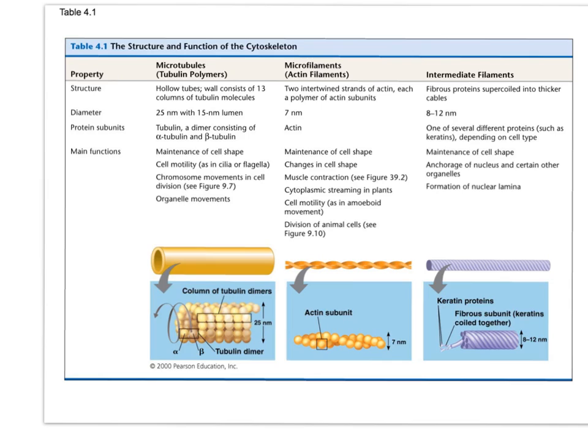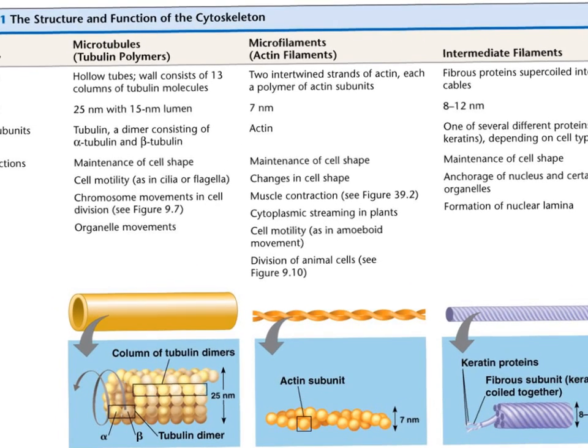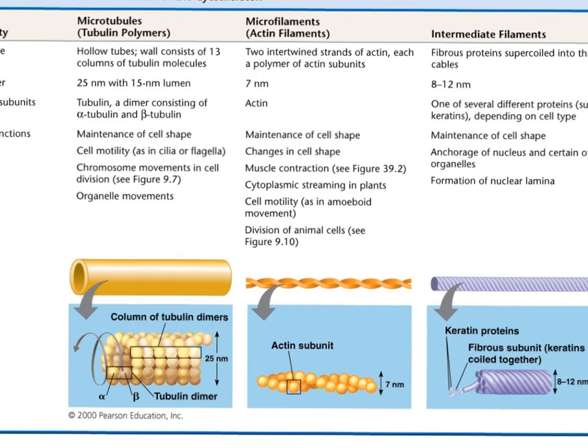Microfilaments, actin filaments. Okay? They are smaller, and you see the diameter of them. They're composed of actin, right? And actin in a helical nature. So we're going to add subunits here. Why is it important that these are adding subunits? If I can add subunits, what else can I do? I can take them away. What is that important for?